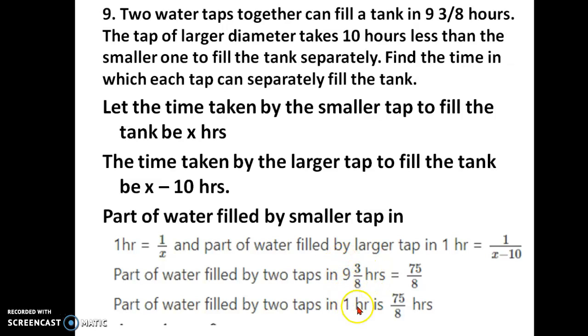So this is in mixed fraction, so change it into a proper fraction also. Then part of water filled by 2 taps in 1 hour is 8/75.